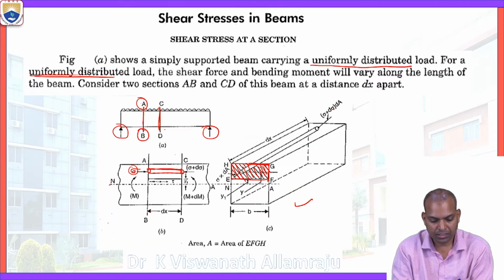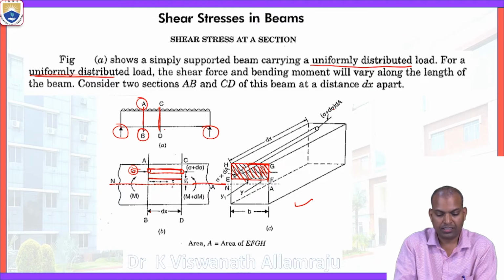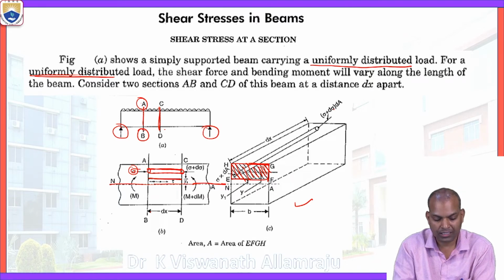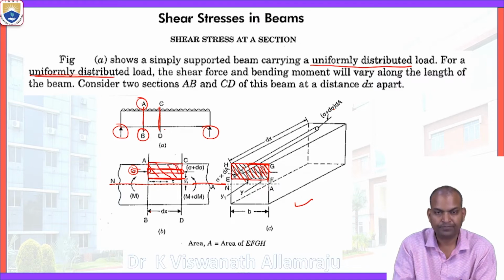NA is the neutral axis. This is the EFGH in side view, but this is the ABCD at the sections. Here one layer is considered at a distance y1 from the neutral axis. This portion is y1 from the neutral axis.